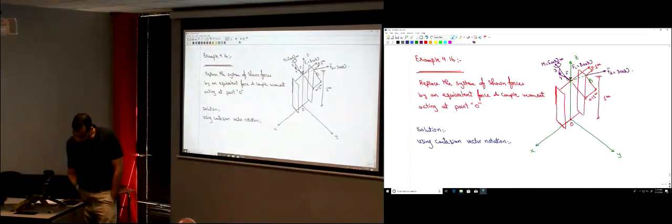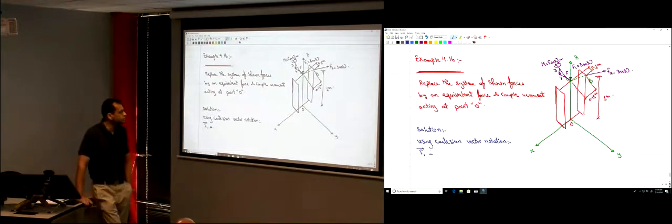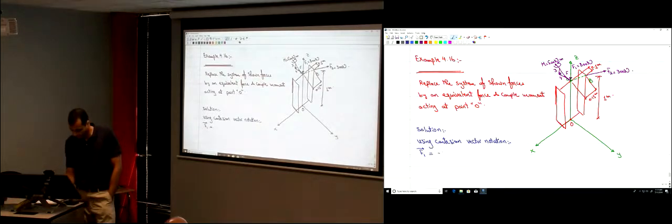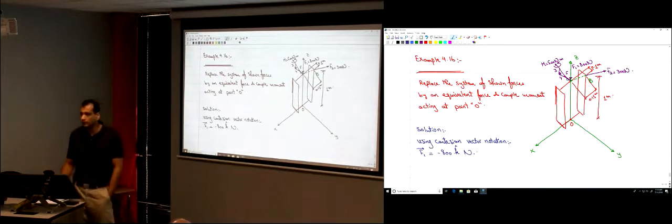We have a force F1. We would like to write F1 using Cartesian vector notation. How to write F1? What's the component of F1 in the X? In the Y? In the Z? That's F1. Okay?